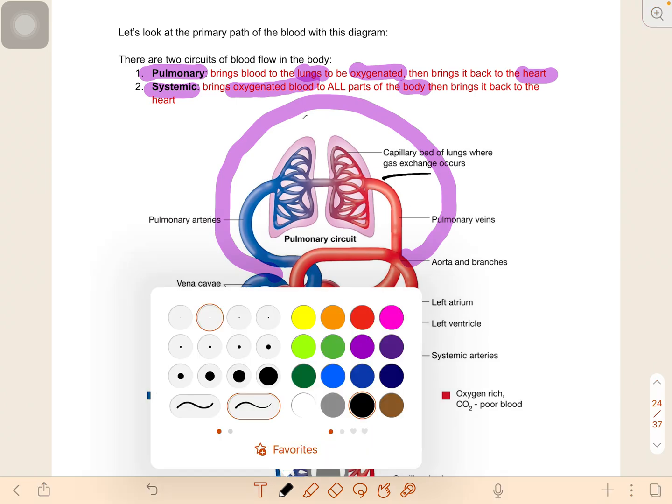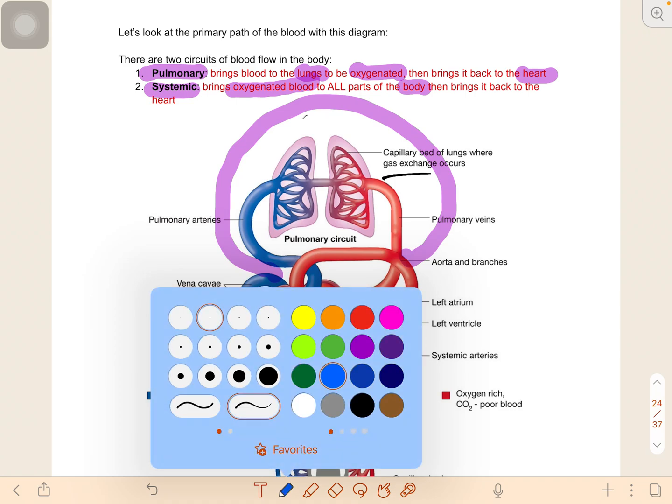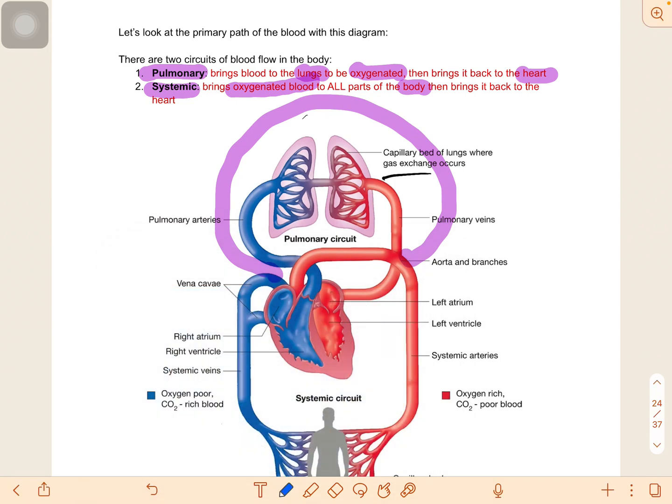Remember, this deoxygenated blood has carbon dioxide in it. Carbon dioxide is abbreviated with CO2. CO2 goes out. It leaves the lungs. But what comes in is oxygen. Oxygen goes in. So that's happening at the lungs.